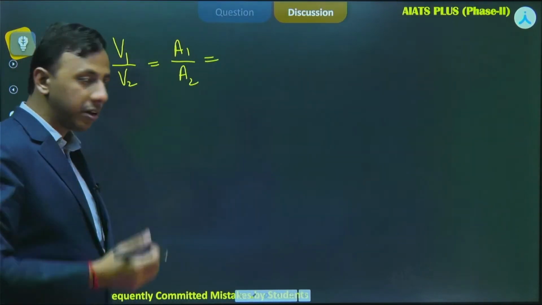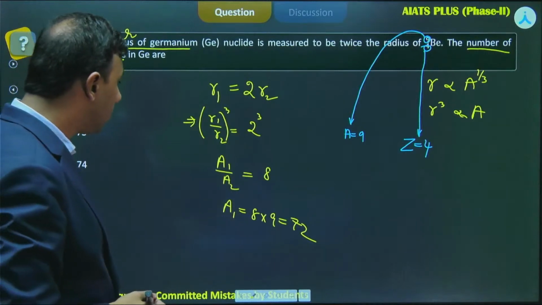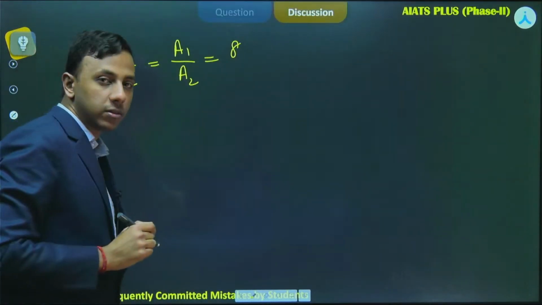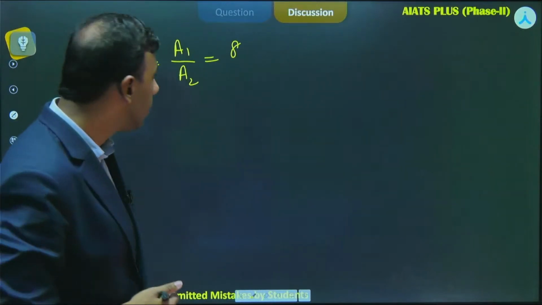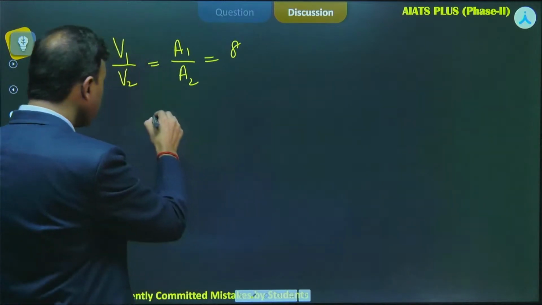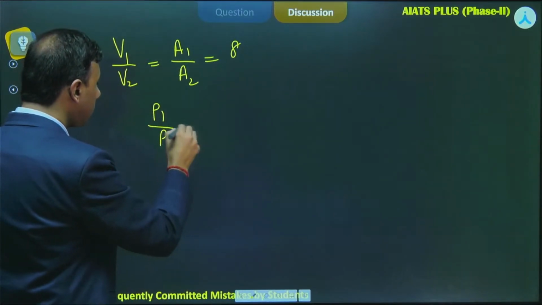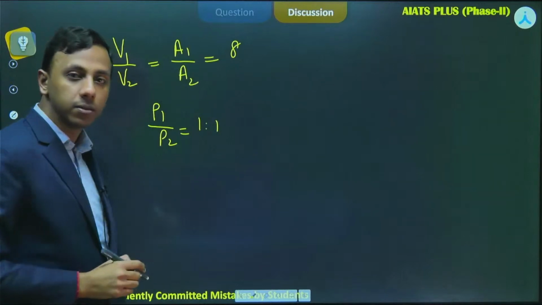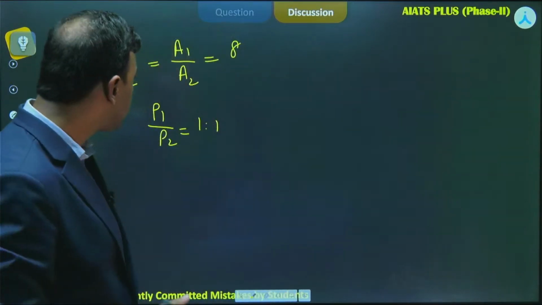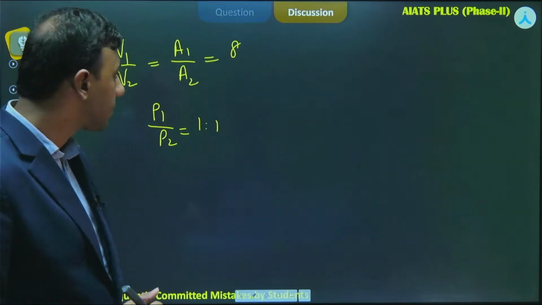A1 we have found, 72, and A2 is 9. So the ratio of volume is 8:1. And similarly, they can also ask the ratio of densities. What would that be equal to? 1:1. So this was literally the same topic.